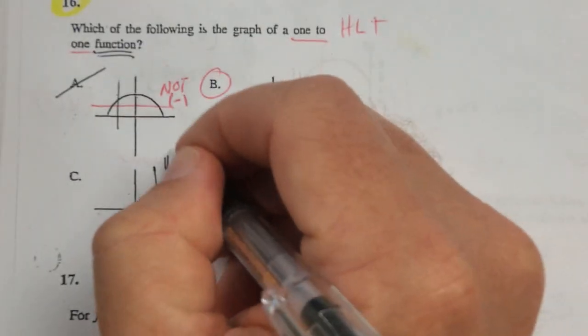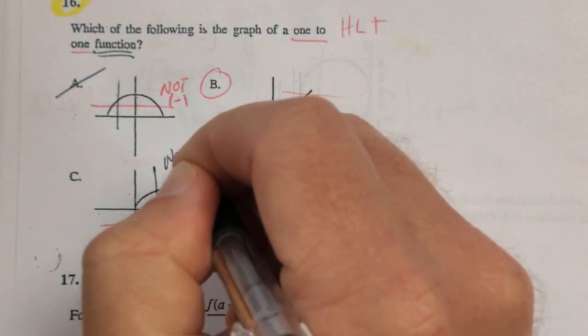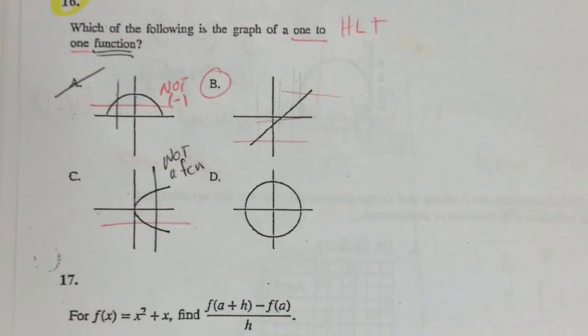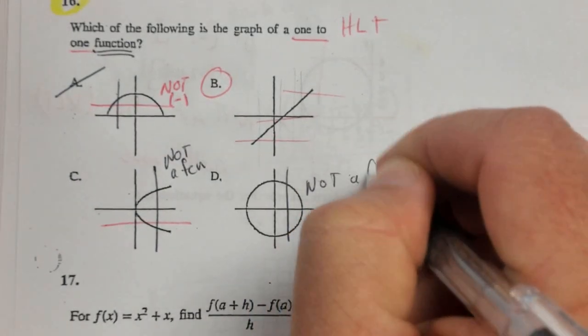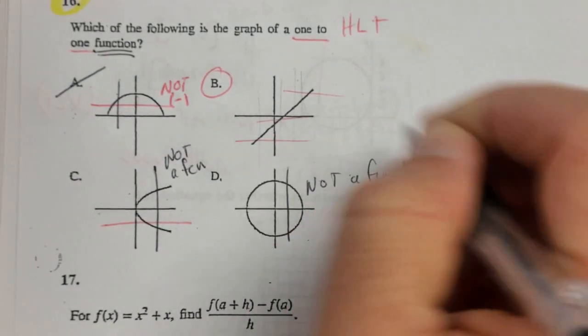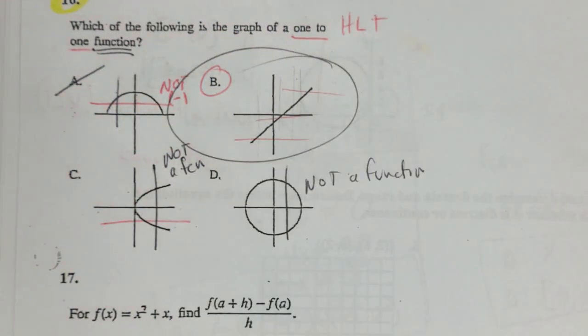So this one's not a function, and therefore it's not one-to-one. But it kind of passes the horizontal line test, so be careful with that. D, definitely not even a function. So we were right. B is our answer. It's a one-to-one function.